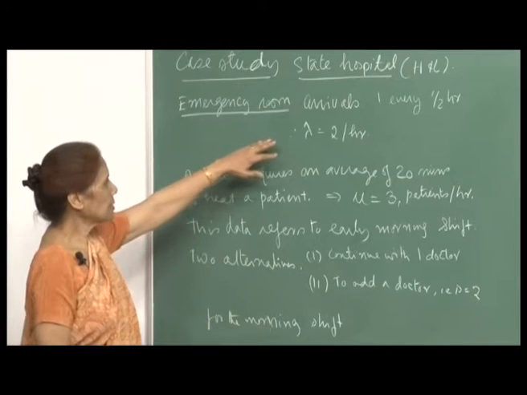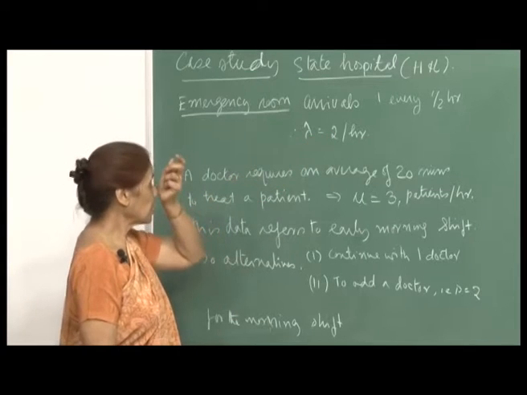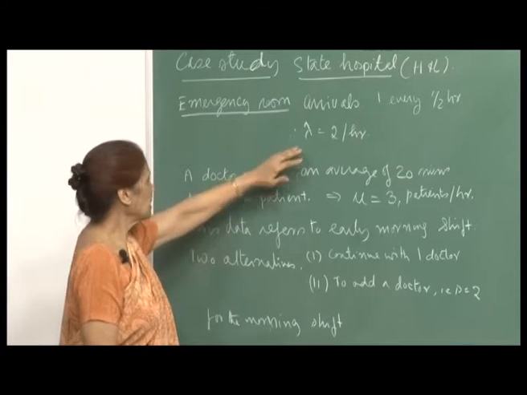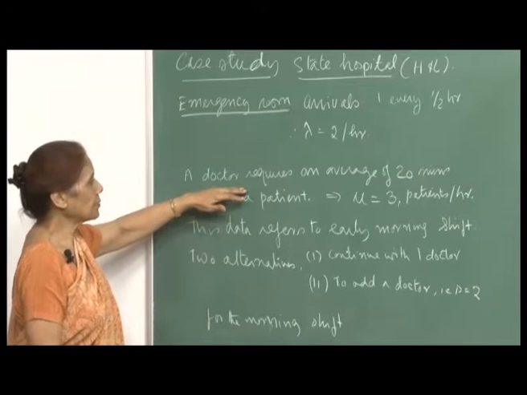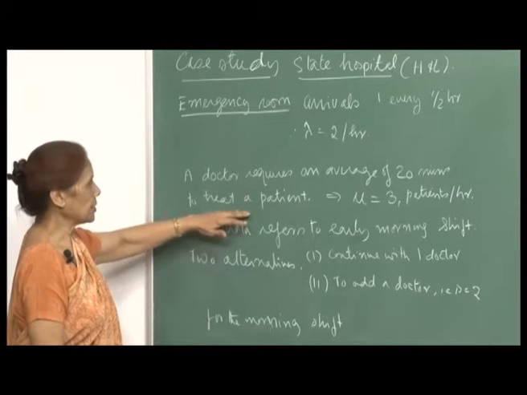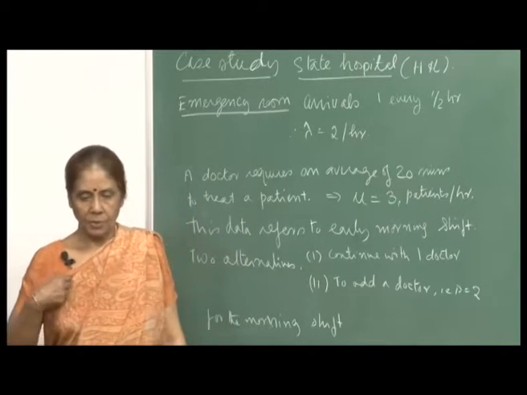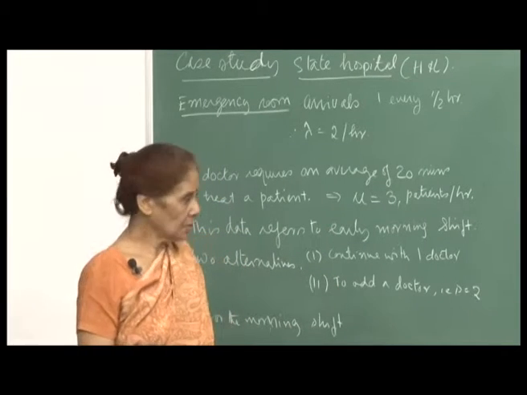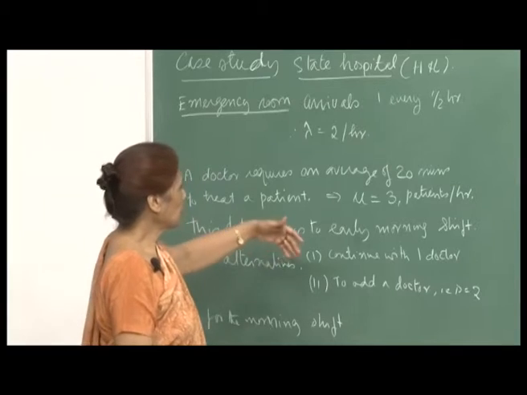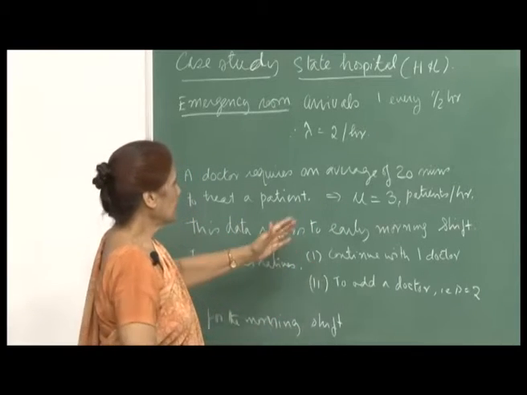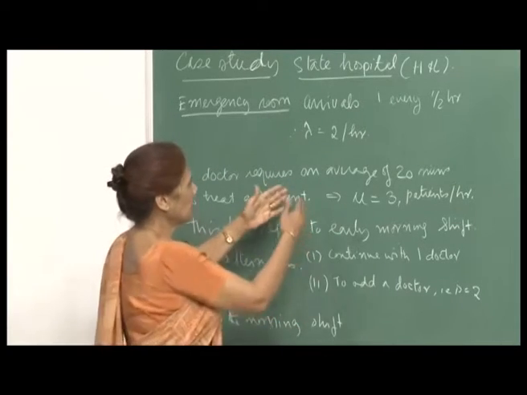A doctor requires an average of 20 minutes to treat a patient, which means that mu is 3 patients per hour.